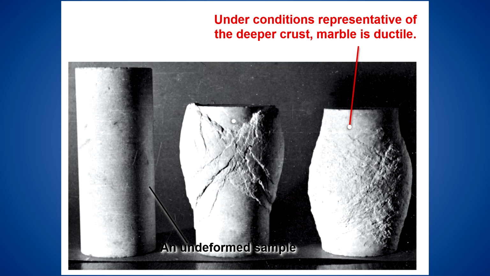But in the case of deeper crust, it will act as ductile deformation. It will not be brittle, so no major fracturing will be seen during that type of deformation. One has to be very clear whether we are at the deeper or the shallower level.